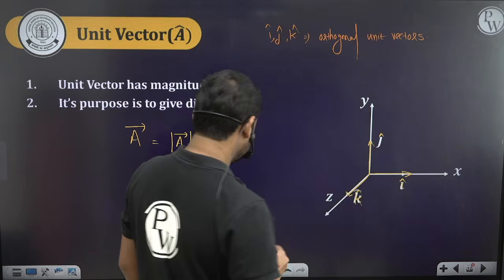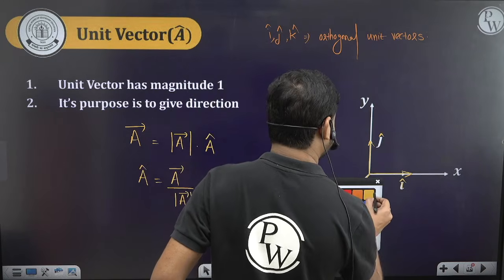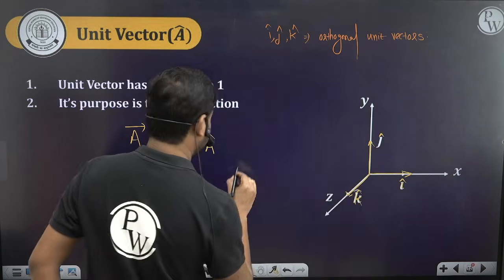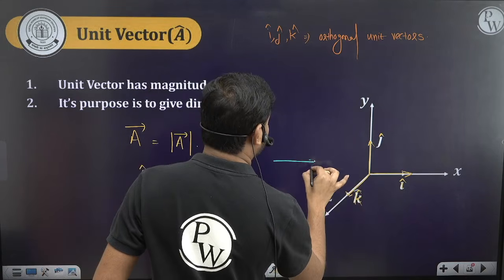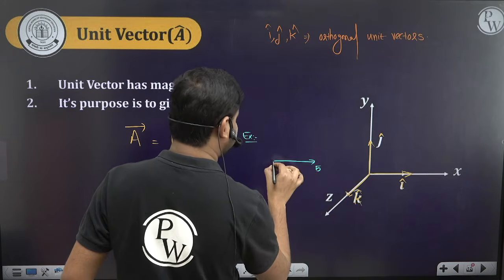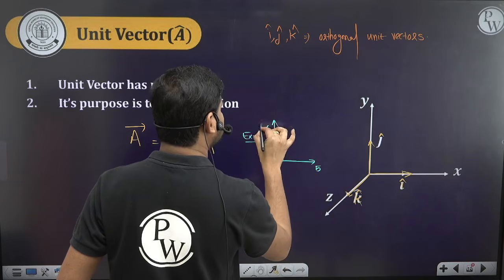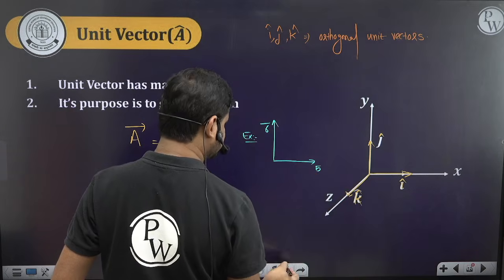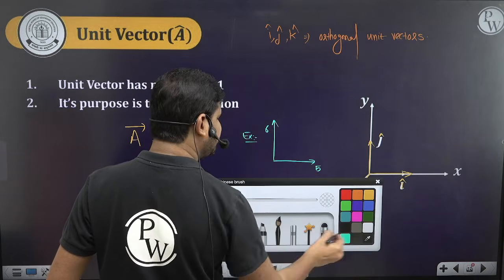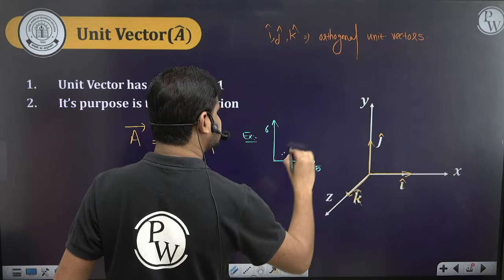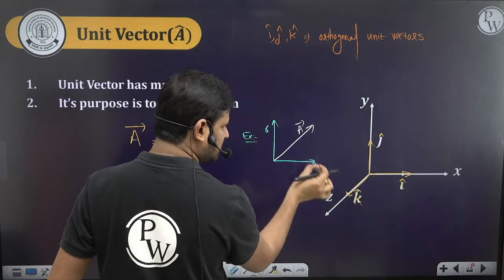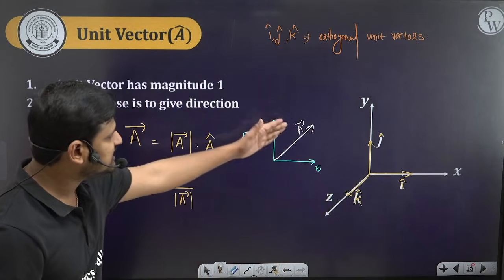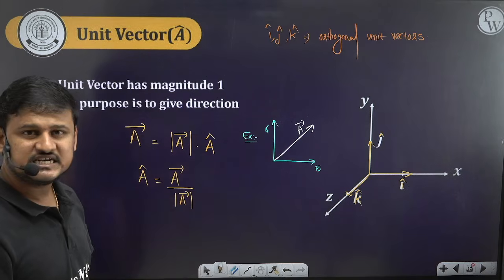For example, if a vector has 5 magnitude in the x direction and 6 magnitude in the y direction, then that vector can be represented. Consider that is the vector A. This vector A has 5 as its x component and 6 as its y component.